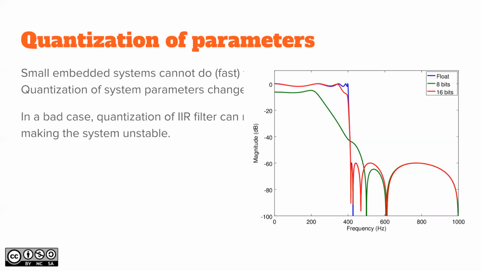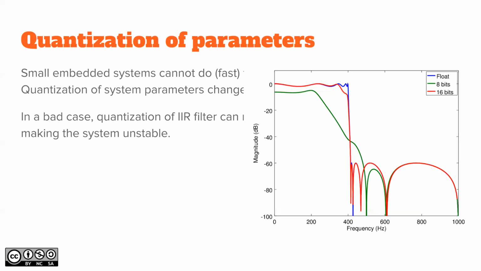Quantization of parameters. There's a comparison of 3 different quantization levels. Now we are talking about quantization of the filter coefficients. Thus far, you have been calculating everything in floating point accuracy. MATLAB or Octave uses double precision floating point, which is pretty good up to, say, 10th degree direct form filters.